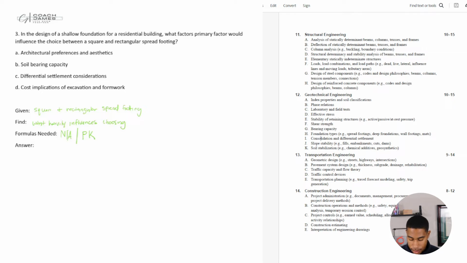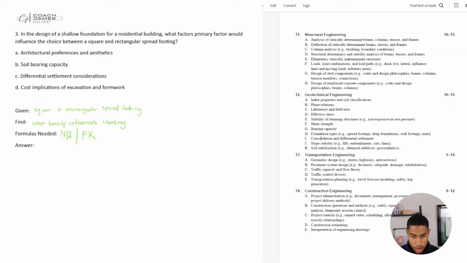All right, so prior knowledge that you would need: when choosing between square and rectangular spread footings for a shallow foundation, there are several factors related to soil conditions and structural requirements that will influence the decision.